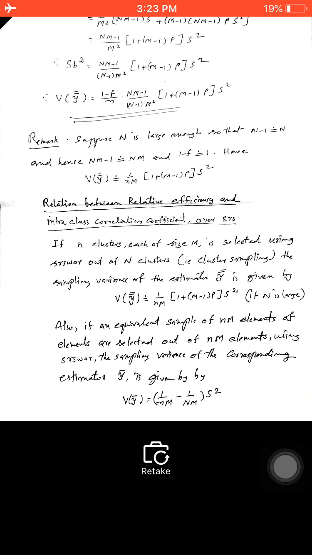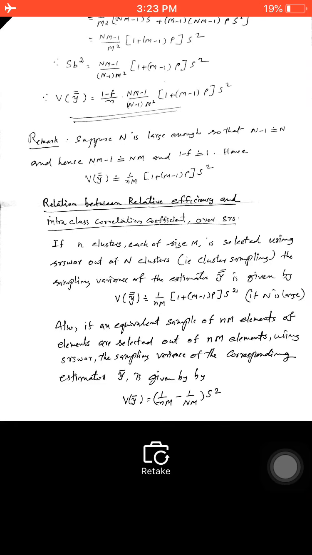One in terms of the intra-class correlation coefficient rho, and the other in terms of the mean square between clusters and mean square within clusters. Okay, first we shall discuss the relative efficiency in terms of the intra-class correlation coefficient.